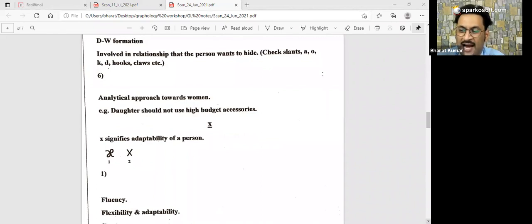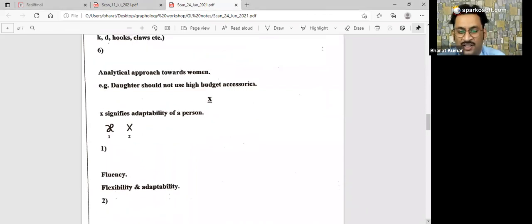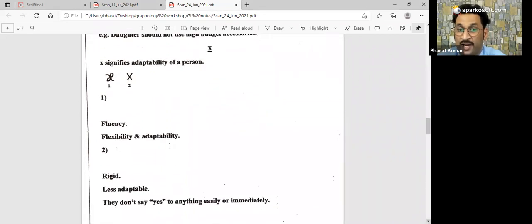If you have type 1 X, fluency and flexibility and high adaptability. If W is used by women, they can have the similar trait for men. So type 1 X, fluency, flexibility, adaptability, and type 2 X, they are very rigid people, less adaptable.